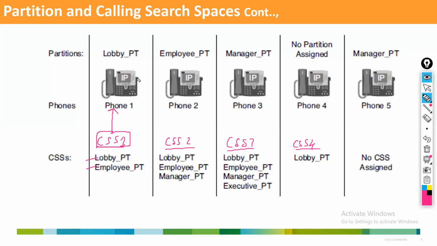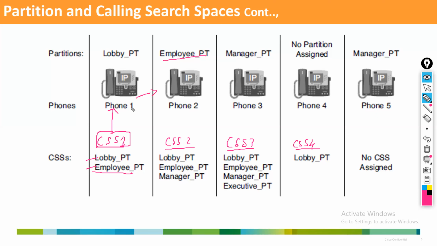Because whenever you want to dial, if the partition and CSS are applied, it's going to check. What CSS am I having? CSS1. Under that CSS, the number you are dialing is in the employee partition. Check whether that partition exists under your CSS. Employee. Then only I can dial here.